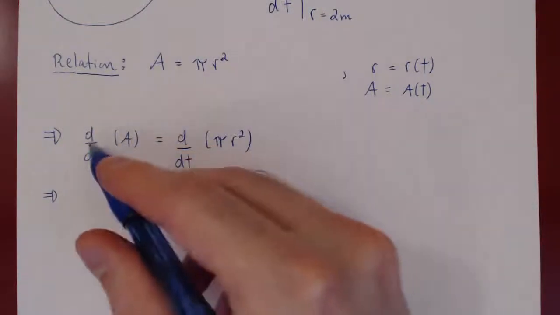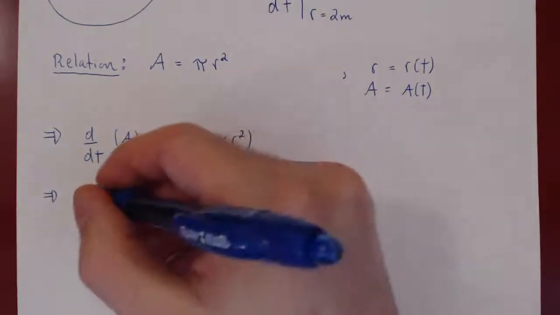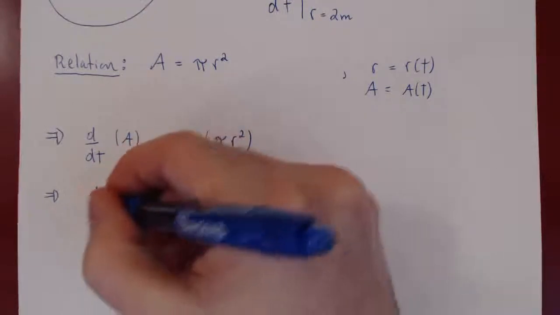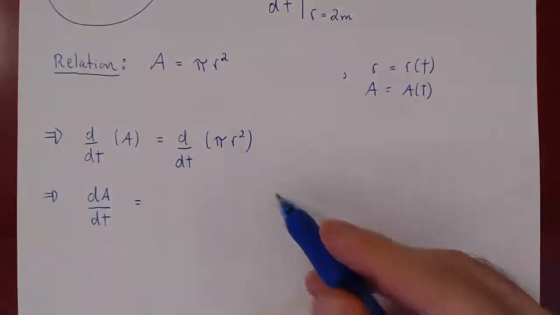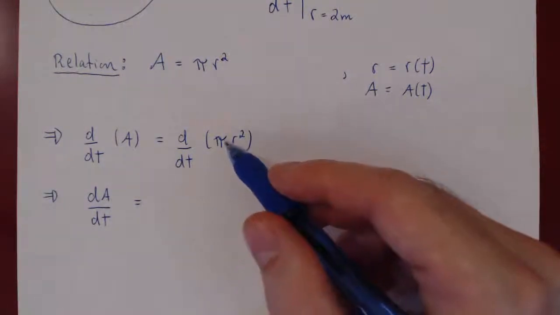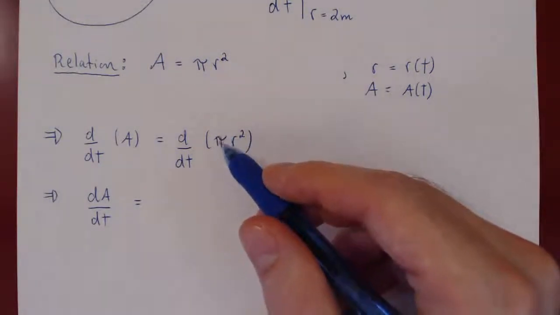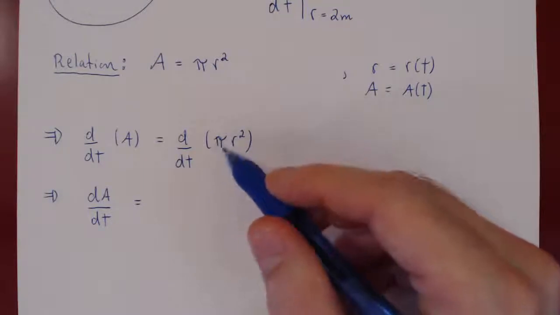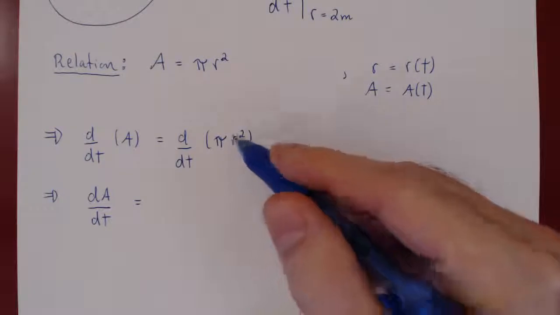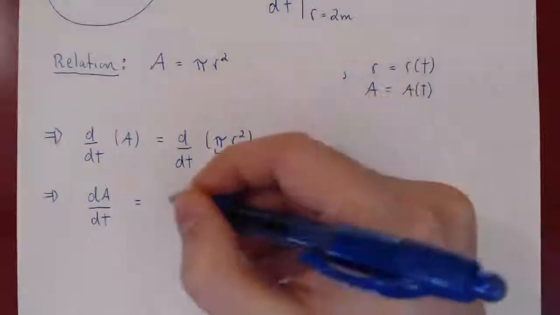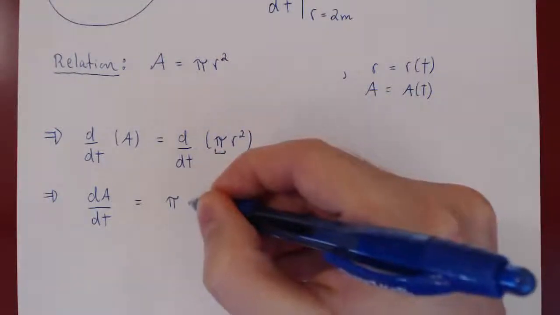Well, this is just A, so the derivative of A with respect to t, that's just dA over dt, equals, so we're done with the left-hand side. Well, pi is a real number. It's a constant multiple, right? Approximately 3.1415. Pi being a constant multiple, it will just stay there. So it will be pi times the derivative.